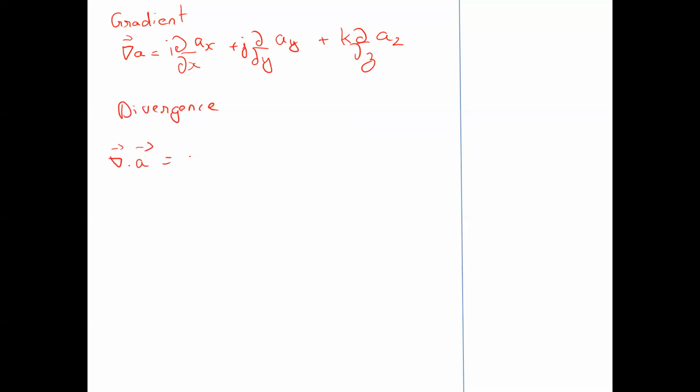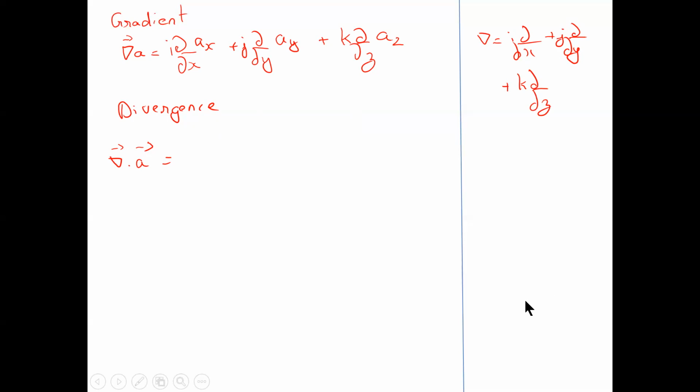So what is del? Del is the unit vector times the partial derivative with respect to the respective component x, y, and z.